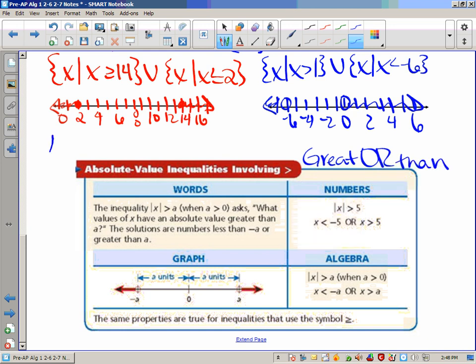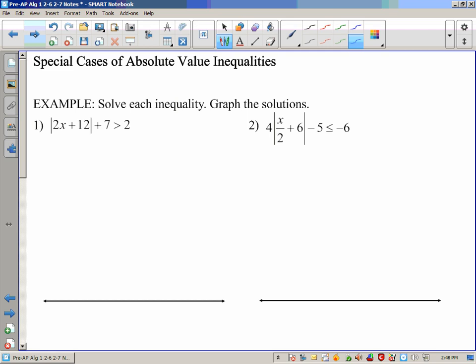And then the one before, less than. Less than. I know it's dumb, but less than. It helps me remember. Or some people go land of Gore, which I think is even dumber, but if it helps, that's what's important. Okay, so let's take a look at some special cases.